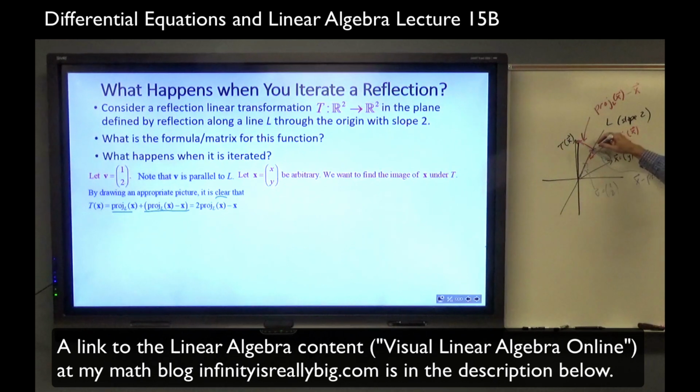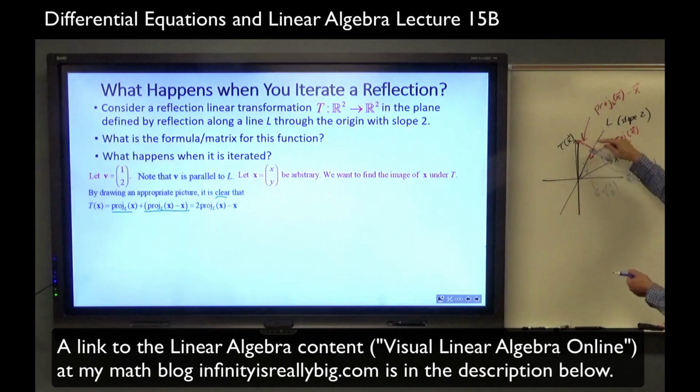This blue vector pointing from here to here is this vector, x minus the projection. Let me write it a little further over to the left: x minus the projection. Why? Because you can see from the picture that when you take the projection and add this vector, you've got to get x. This is the unique vector such that when you add the projection vector to it, the projections cancel, leaving you with x.